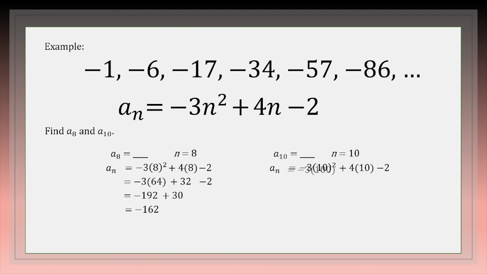So, negative 3 times 10 squared is 100 plus 4 times 10 is 40 minus 2. Then, negative 3 times 100 is negative 300. 40 minus 2 is positive 38. Then, negative 300 plus 38 is negative 262. So, ganoon lang ang paghanap ng ating mga terms.